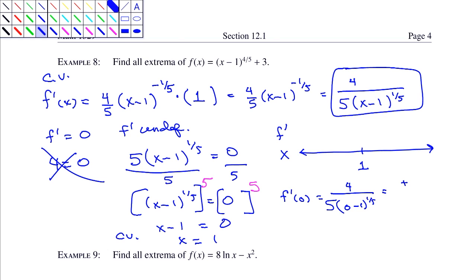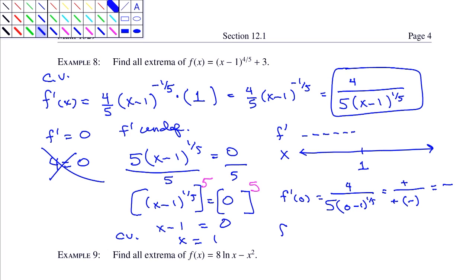That would be a plus over a plus times a negative. 0 minus 1 is negative 1, and 1/5 as a power is the 5th root. If you take the 5th root of a negative, that result is still negative. In fact, any odd root, cube root, 5th root, 7th root, 9th root, etc., of a negative stays negative. So this is a negative.